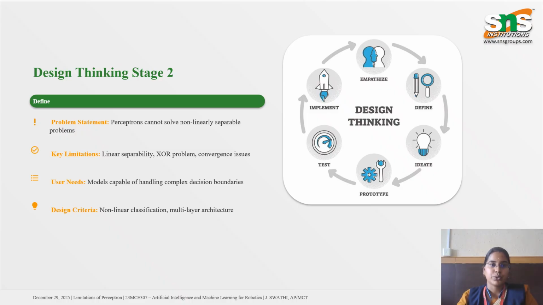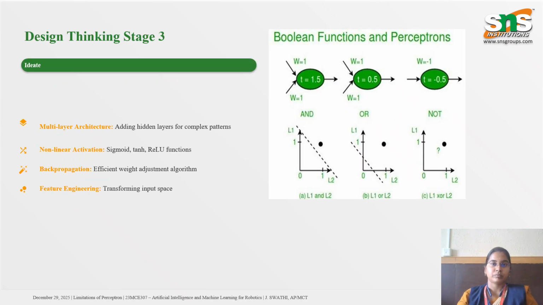Coming to stage 2, we have to identify the problem, the limitations, user need, and design criteria. Coming to the multi-layer architecture, adding hidden layers for complex patterns, and it uses nonlinear activation. Backpropagation techniques are also used for the algorithm adjustment, and it has feature engineering.